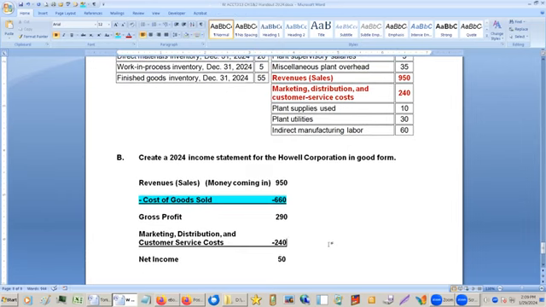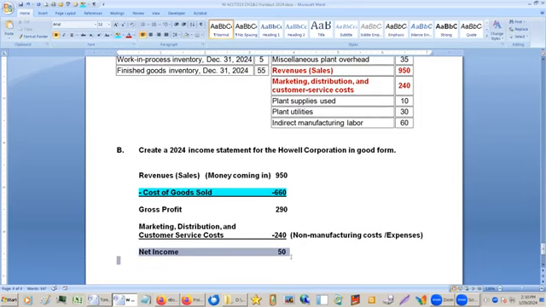So these are non-manufacturing costs. They're still there. We're not saying that they didn't happen, we're just saying they're not part of manufacturing. So not manufacturing costs or expenses. And so what we're left with is the net income of 50.